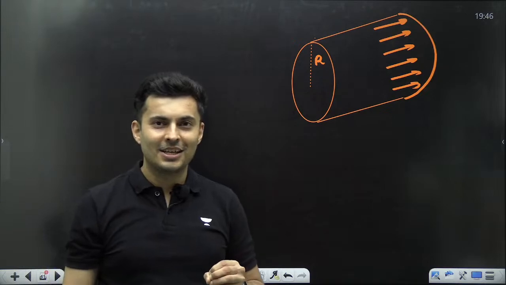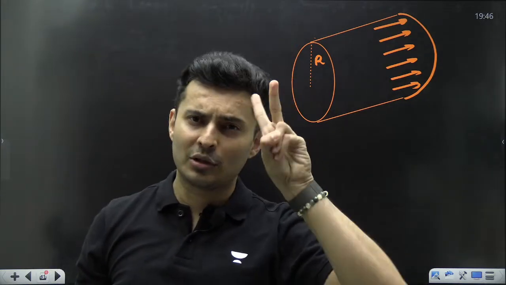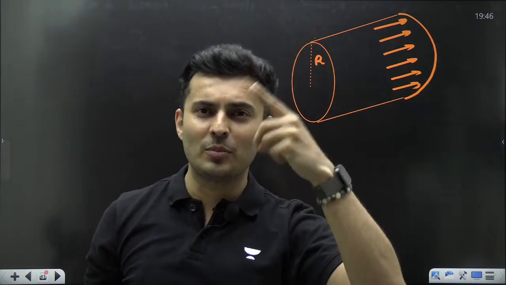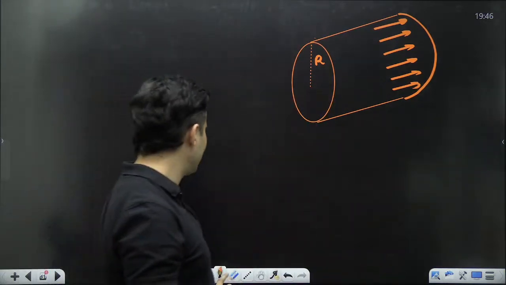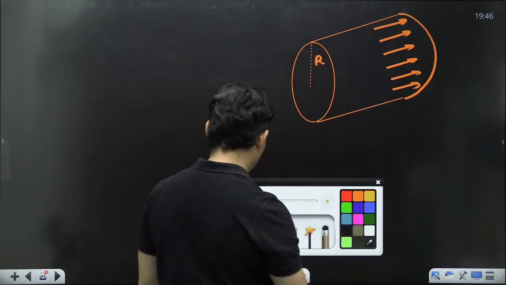The answer is yes. And again, the field line has to be symmetric. It has to be a closed loop. So the only option for the field line is that it has to be circular again. So there will be a circular field inside as well. Let me show that to you.